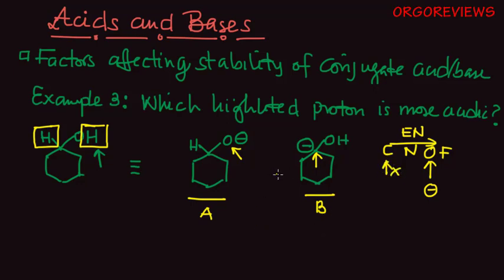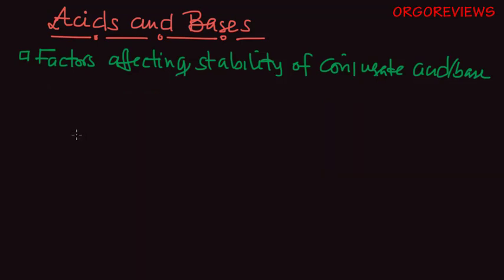And because of that, we expect that the negative charge on the oxygen will be more stable than the negative charge on the carbon, and therefore we expect the proton on the oxygen to be more acidic than the proton on the carbon. So this will be more acidic than the proton on here.